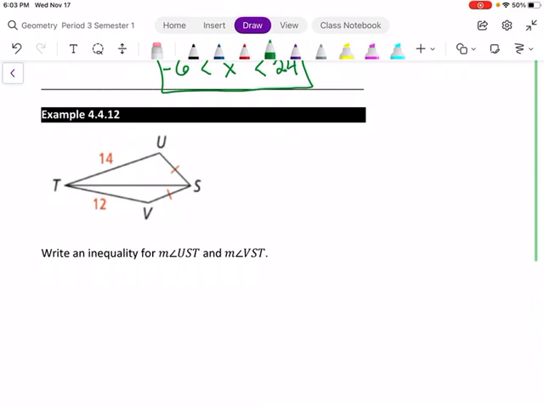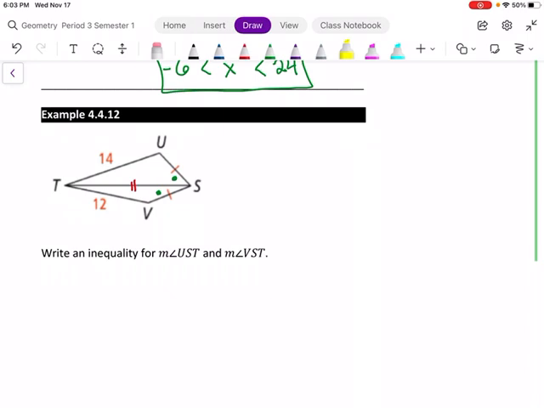Our final example, we're going to write an inequality for the measure of angle UST and angle VST. We're using the hinge theorem because we do have the included angles between 2 congruent sides between 2 triangles.